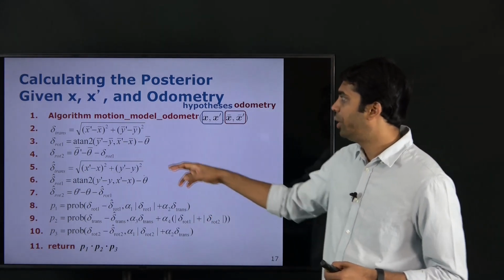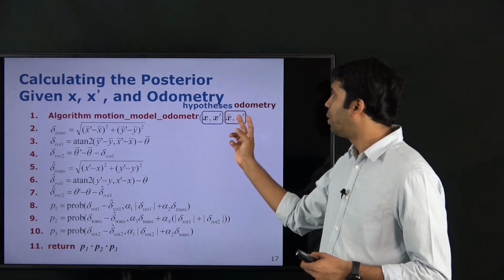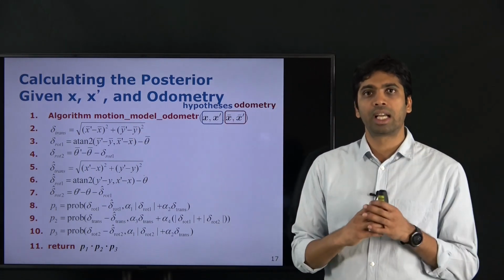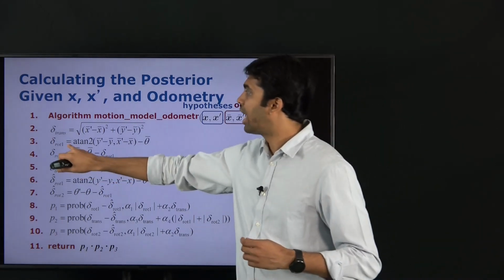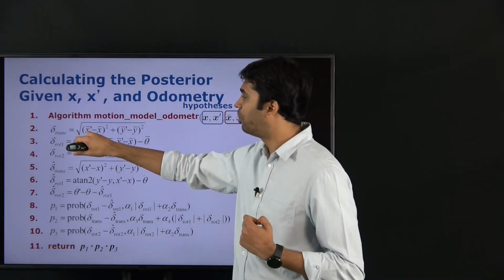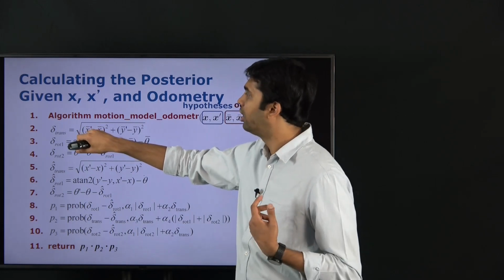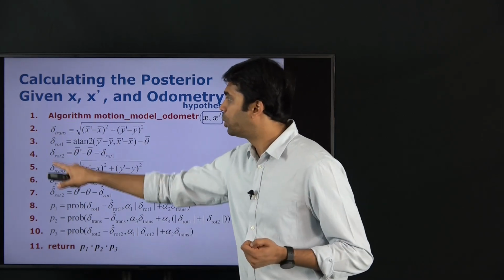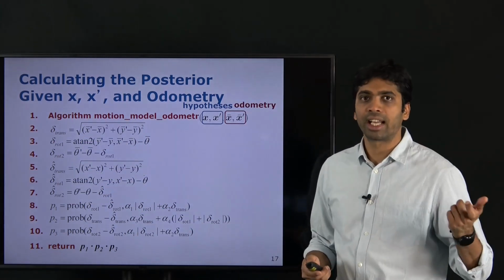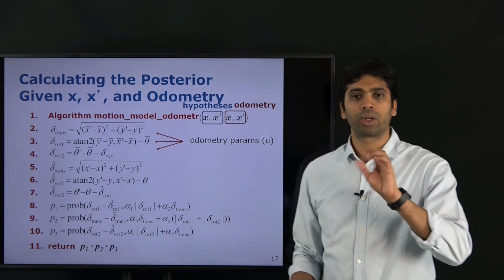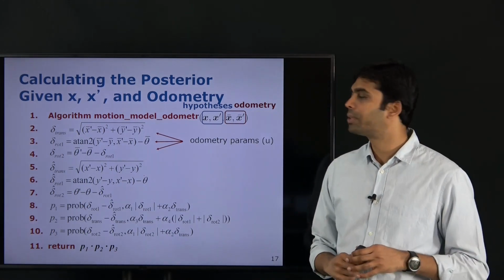First, we convert our odometry measurements into our odometry model commands. So if we had actually moved from x bar to x bar prime, these would be the equations that we exactly saw: the movements in terms of the translation and the two rotations.